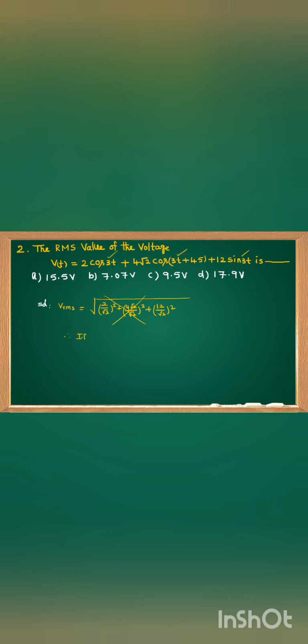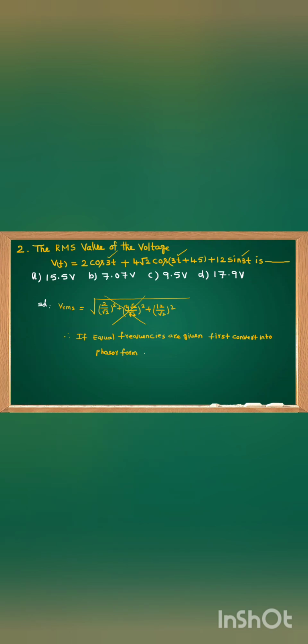If equal frequencies are given, you have to convert into polar form, that is, phasor form. You can also use rectangular form.